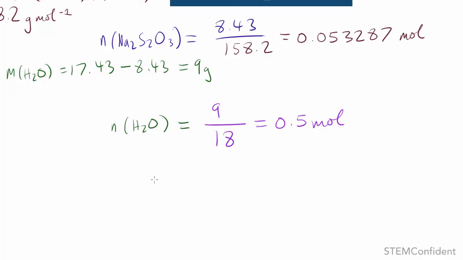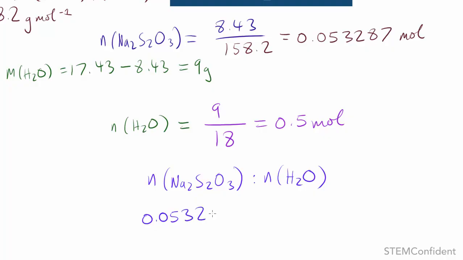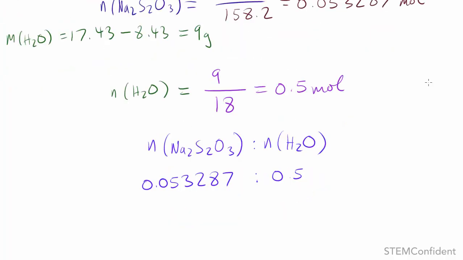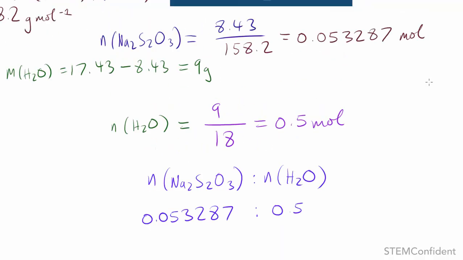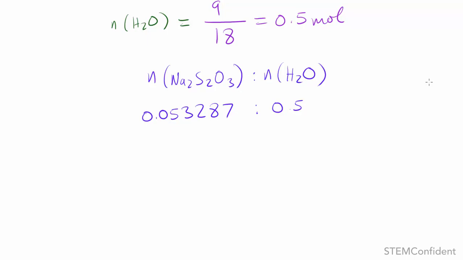So effectively, n of Na₂S₂O₃ to the number of moles of H2O is 0.053287 to 0.5.